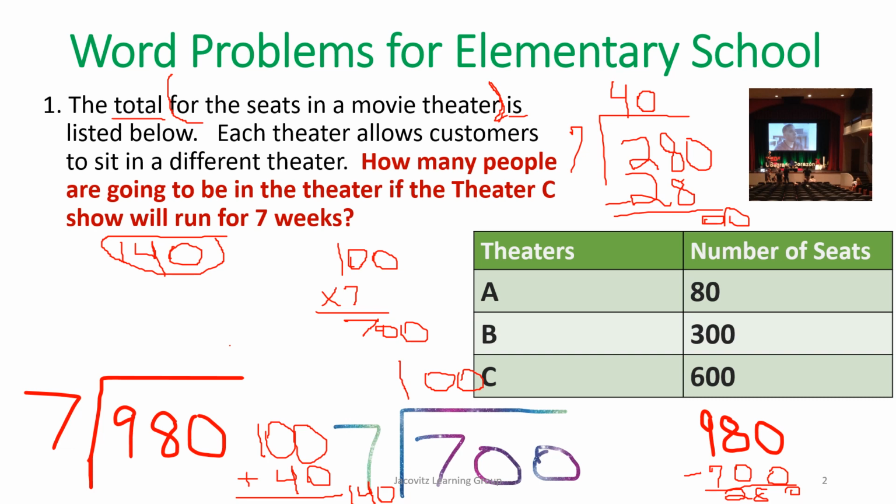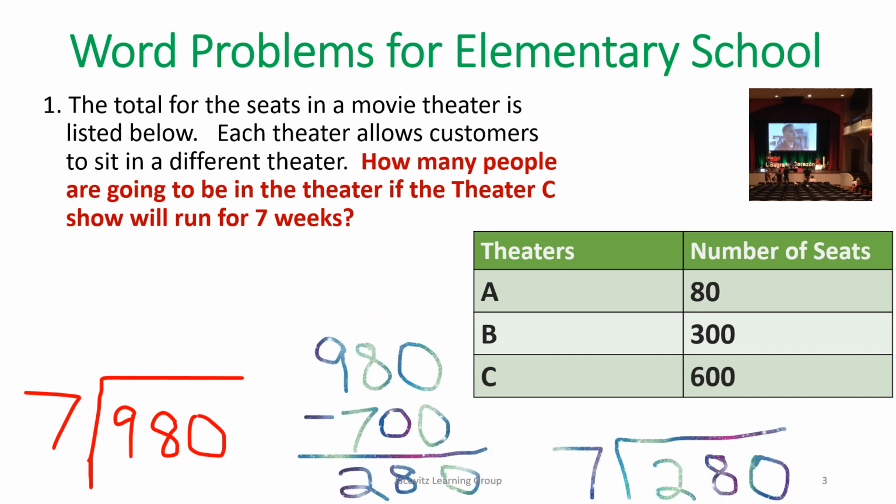And so your answer is going to be 140 people. So 140, and we're giving you a chance to look at that. And if you've got to take notes, you can always freeze these, stop them, and keep going.